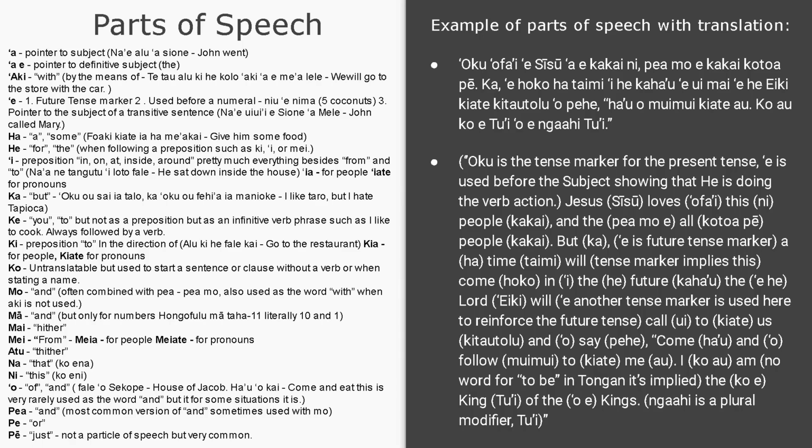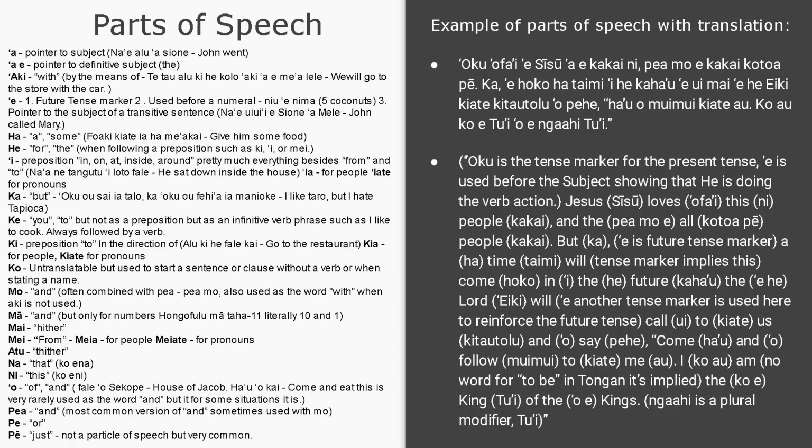So ui, call to us and say, come, ha'o, and, o again, follow, moi moi, to, kiate, me, ao, I, goao, am, and here we're using the go because you'll see there's no verb in this sentence. I, goao, am, no word for to be in Tongan is implied.